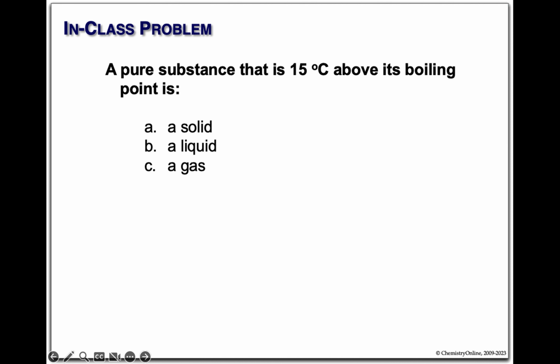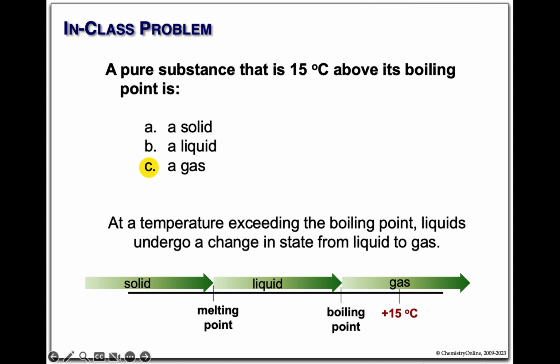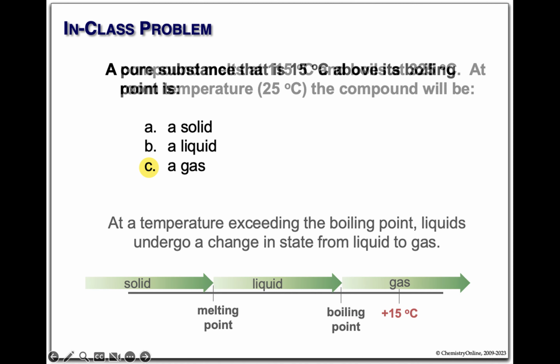The simplest way to do this is to think about it in terms of a phase line. Solid, liquid, and gas, right? Melting point, boiling point. If we're 15 above the boiling point here, we're somewhere here. It's a gas. So after explaining it this way, the next year I put a similar question on.